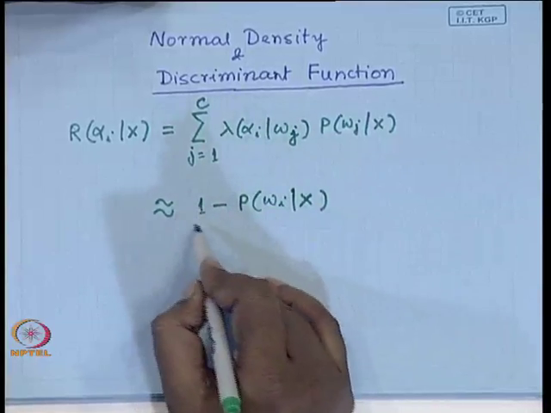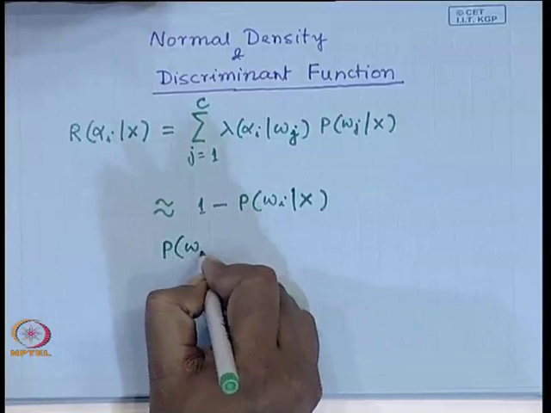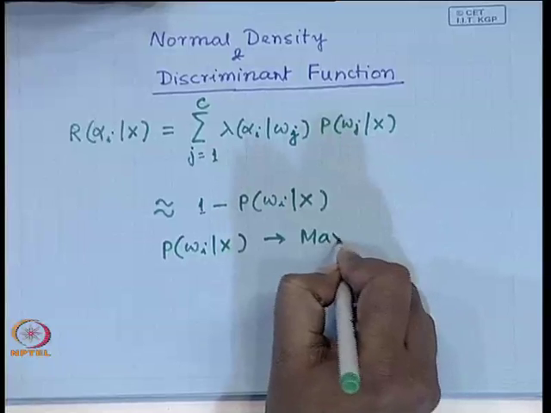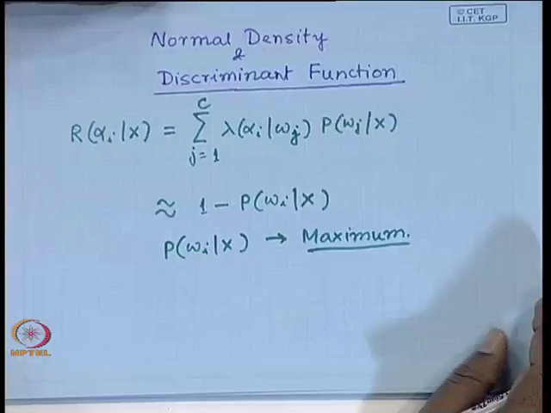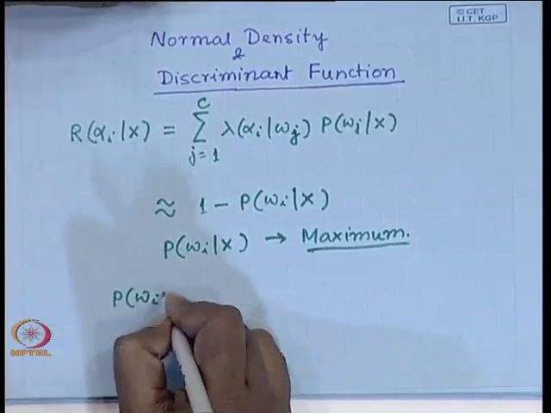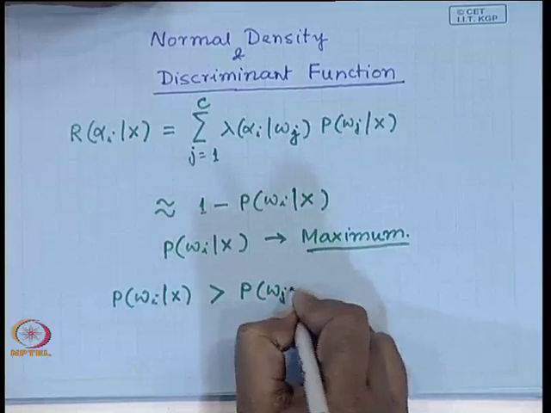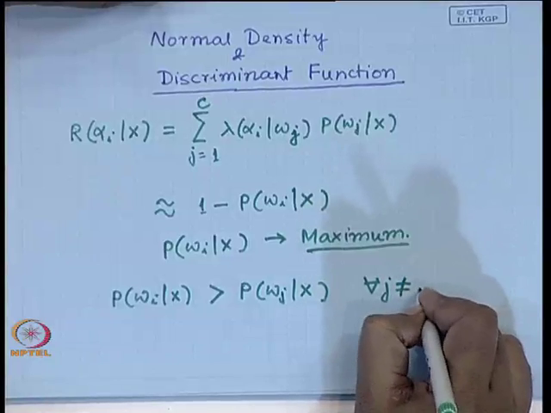And as this has to be minimum, correspondingly this probability p of omega i given x has to be maximum. So, this is nothing but the basic classification rule that we discussed when I started talking about Bayes decision theory, that if p of omega i given x is greater than p of omega j given x for all j not equal to i.